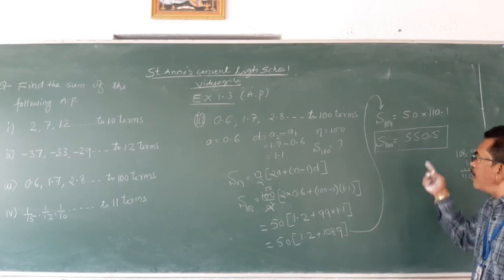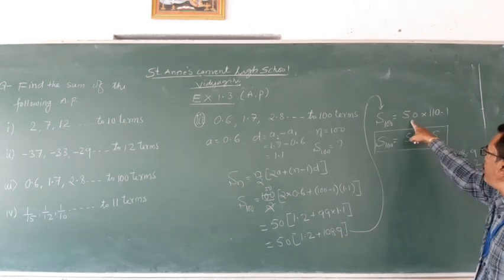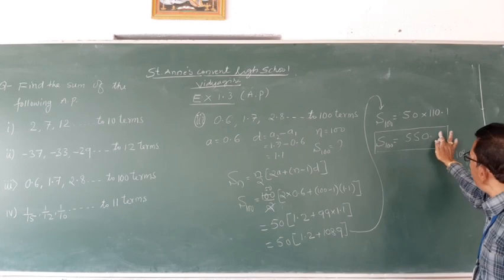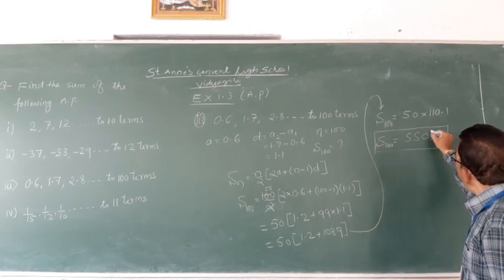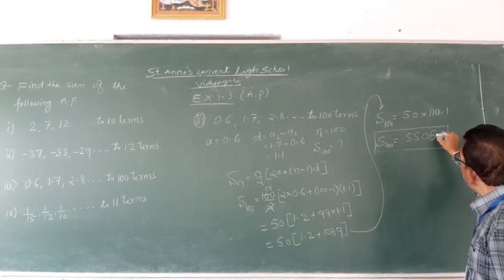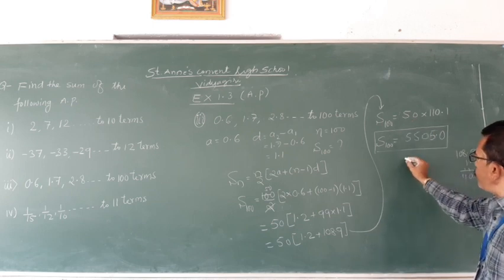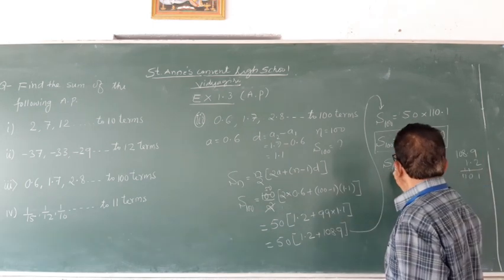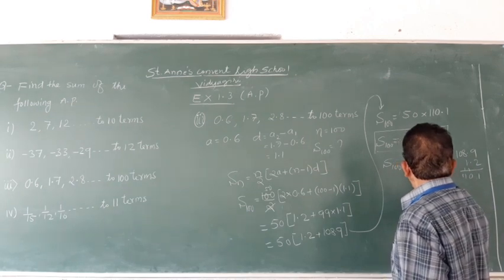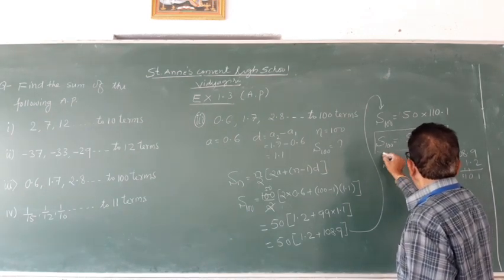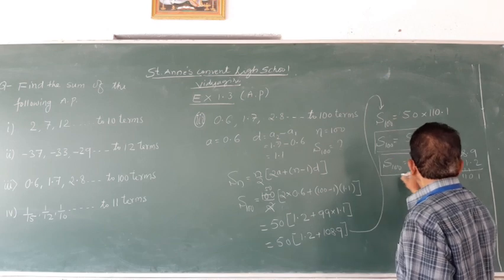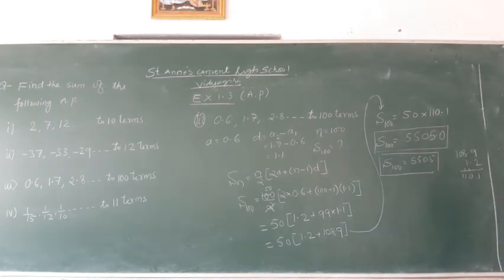Here we have multiplied by 50, not from 5, from 50 we have multiplied. So 100 would be 5505. This is the last answer. See the next one.